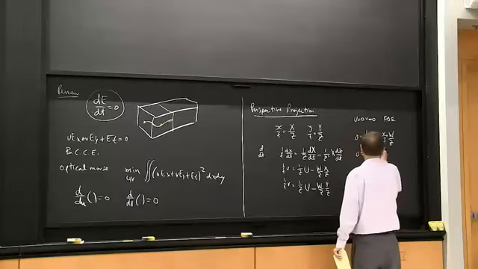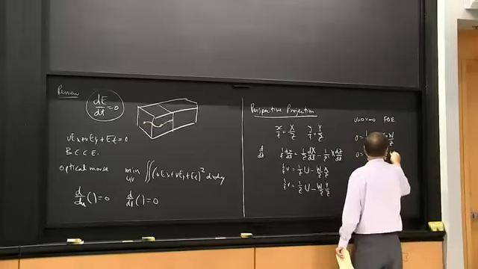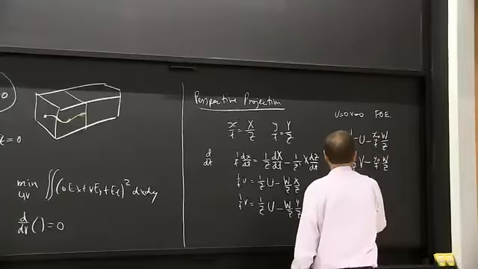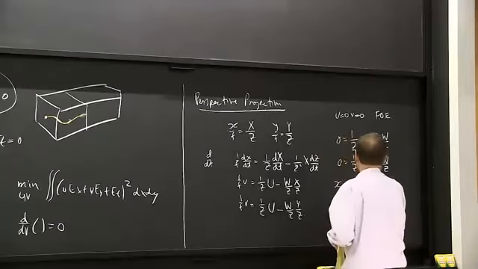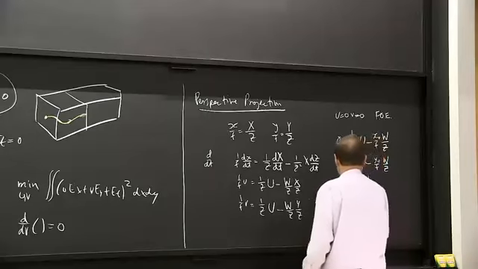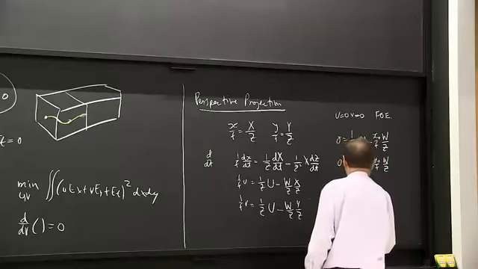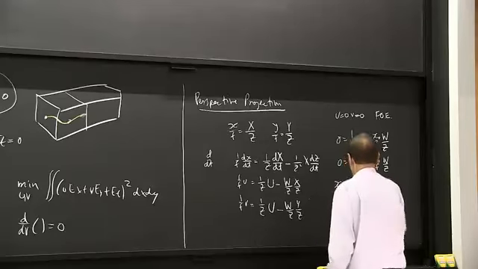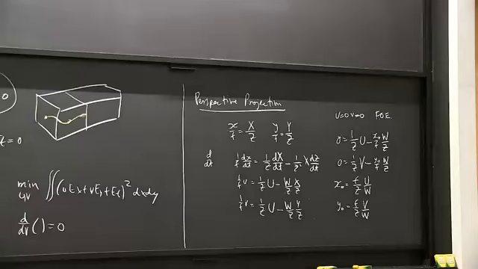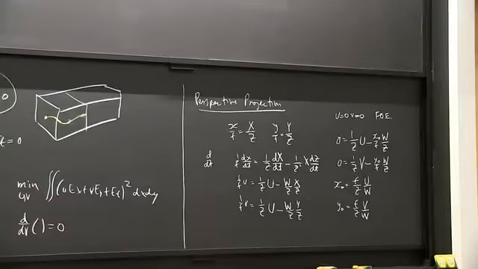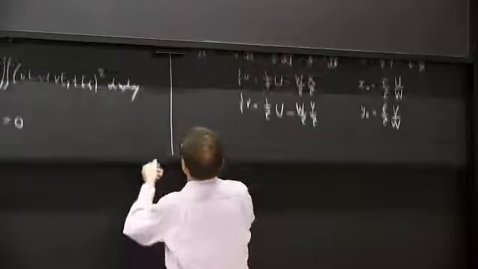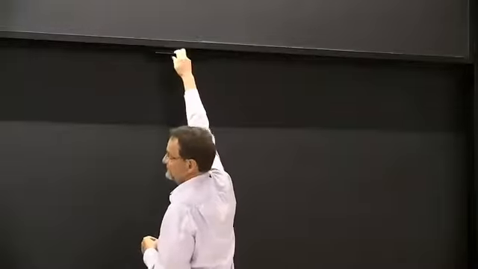And similarly for the y direction. Okay, and so we get x naught is f over Z times U over W. So we have a relationship between the velocities, the distances, and where the focus of expansion is.